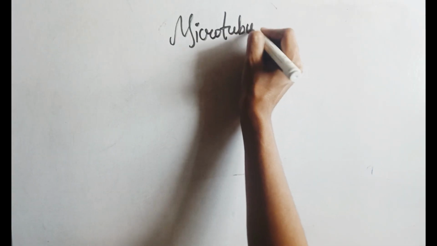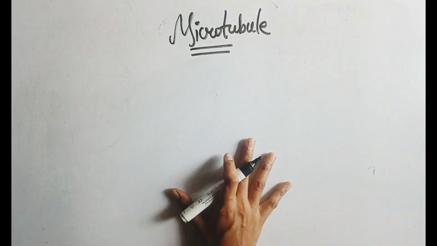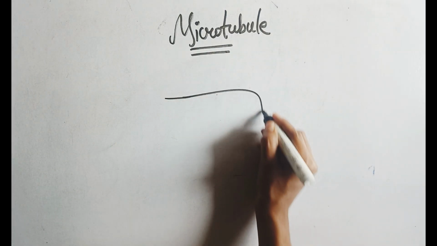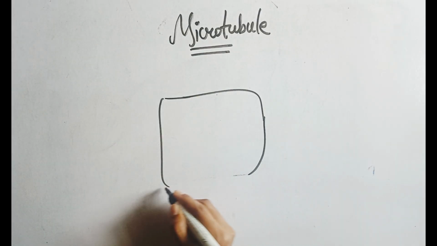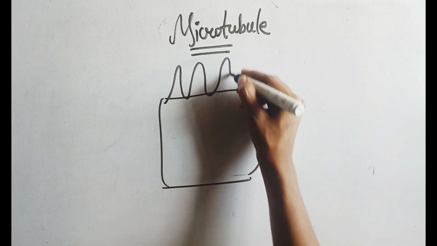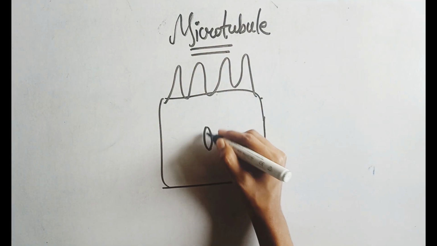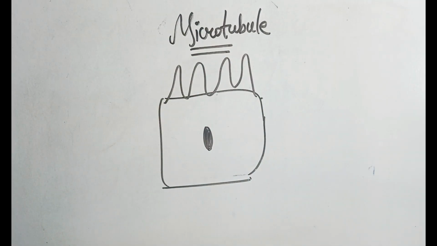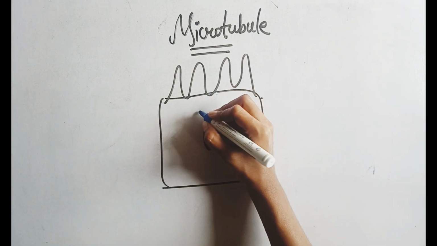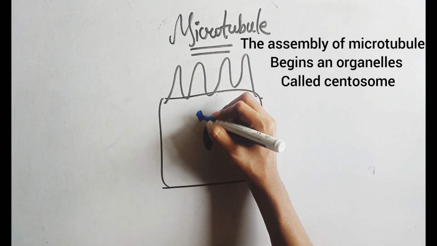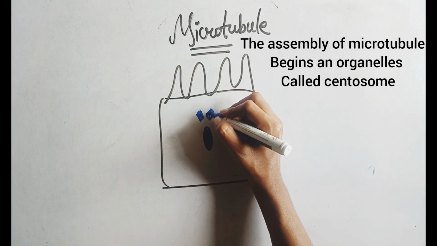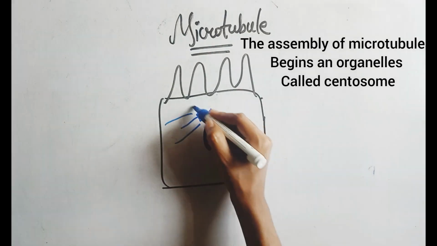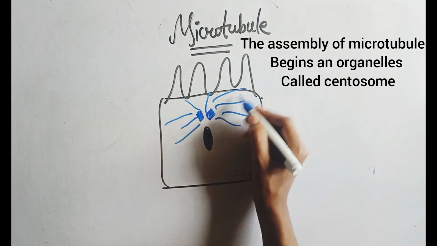The last is the microtubule. The microtubules are the largest element of the cytoskeleton. In the cell there is the nucleus, and the microtubules are generated from the centrosome. So the assembly of microtubules begins at the organelle called the centrosome.